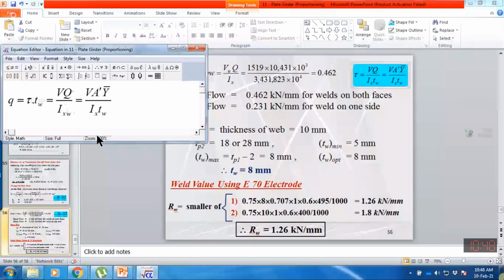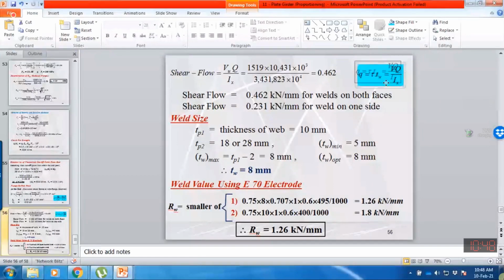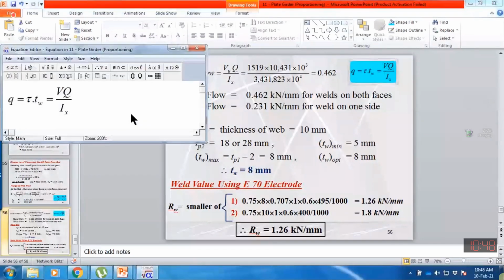Then shear stress can be converted into force acting per unit length. So we are interested in determining shear flow rather than shear stresses. Why? Because its units will be kilonewton per meter. You will study this topic in detail in your next semester.